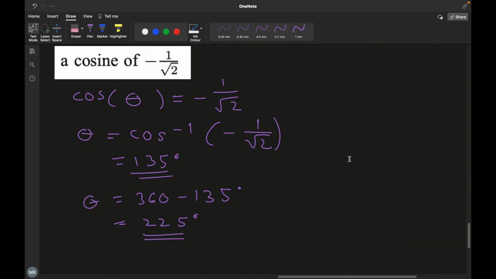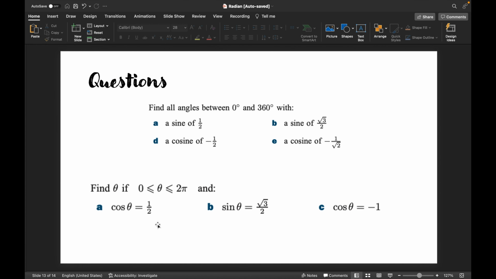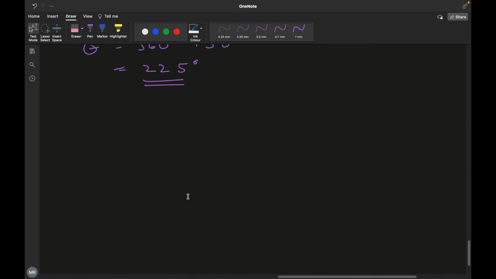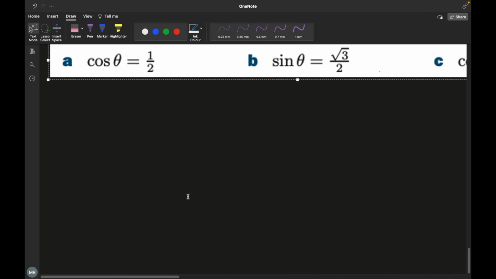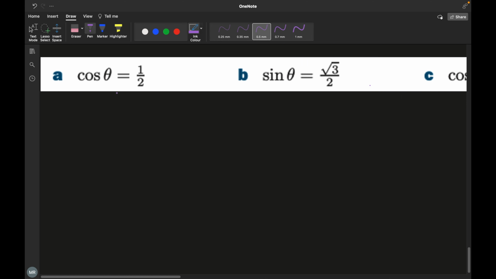Now that we've finished this question, let's look at the next question. We have to find theta if theta lies between 0 and 2 pi, and it's given that cos theta is 1 by 2.